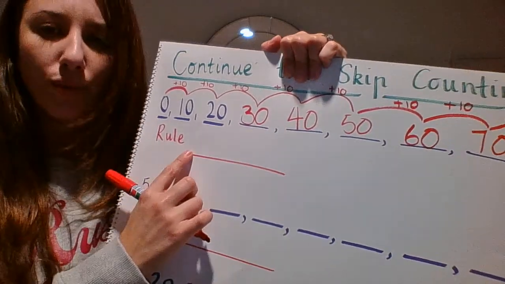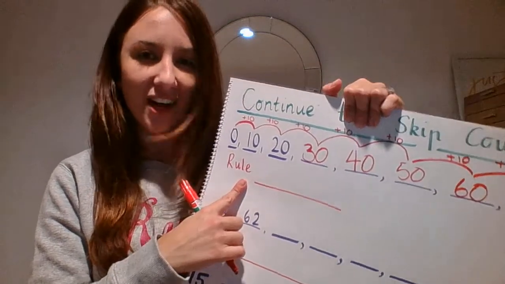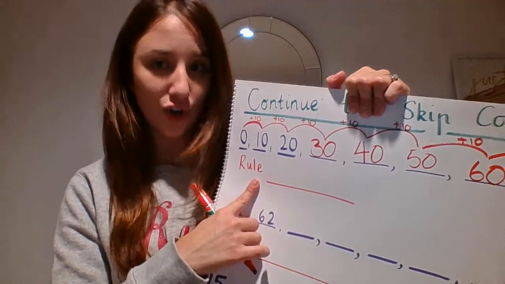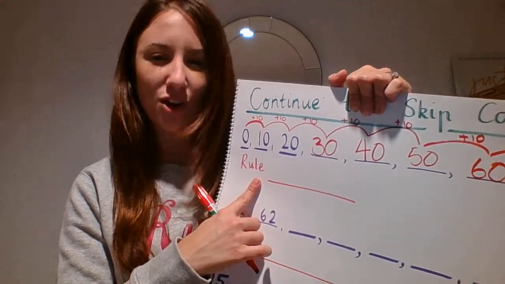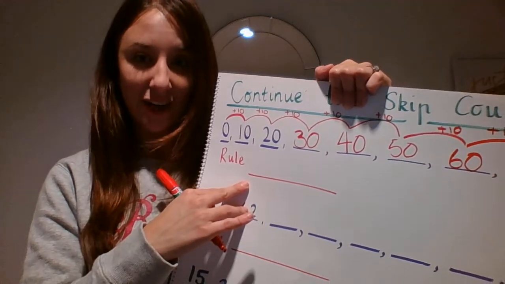Okay, let's have a look here at what this says. This says rule. Now, I'm not talking about the rules that we have in the classroom where the teachers ask you to sit nicely and look at the teacher and make sure your ears are listening. They're not the rules we're talking about. We're talking about what is this skip counting rule.